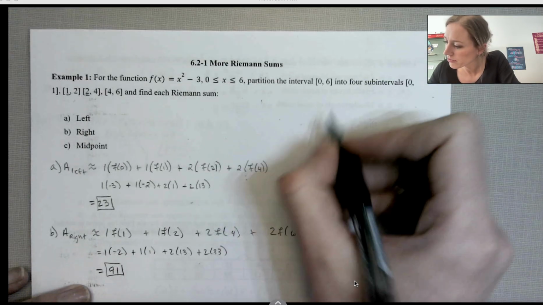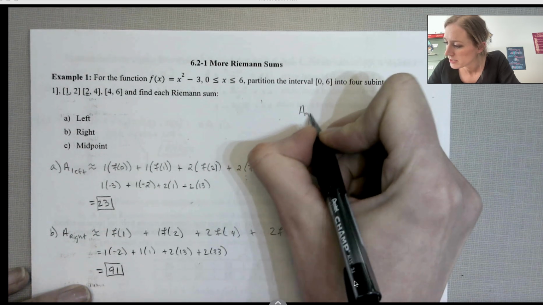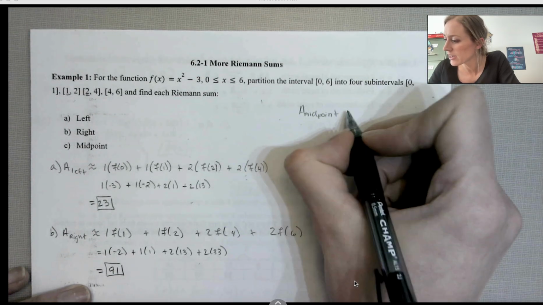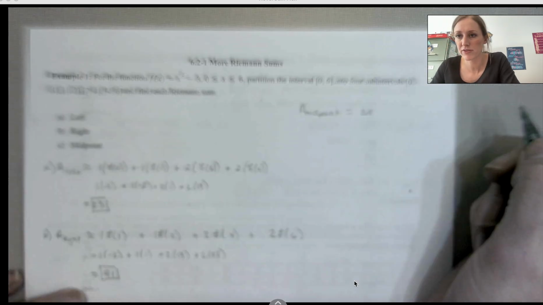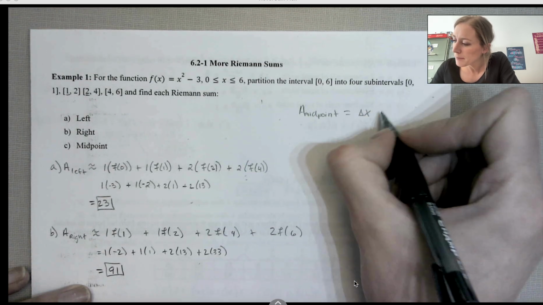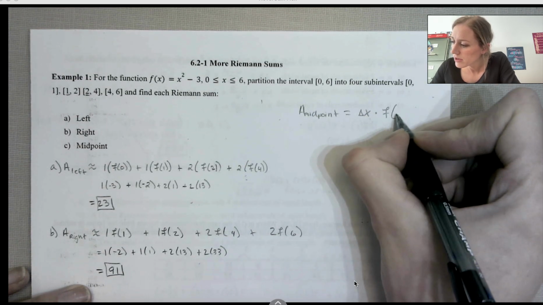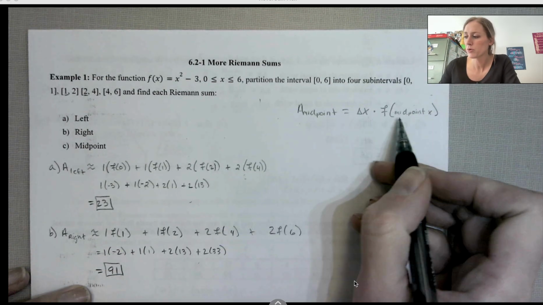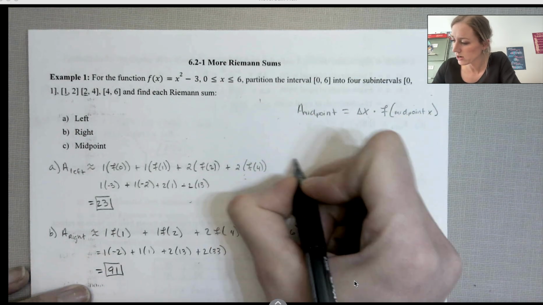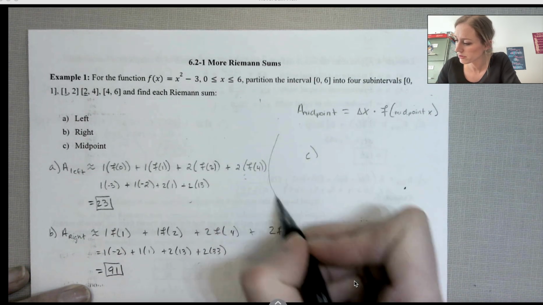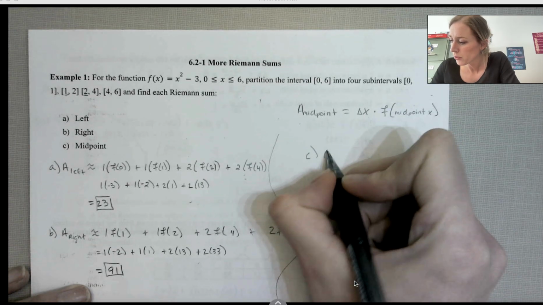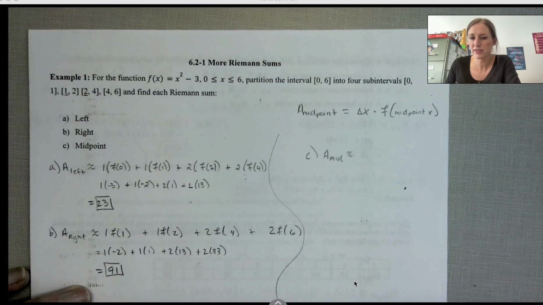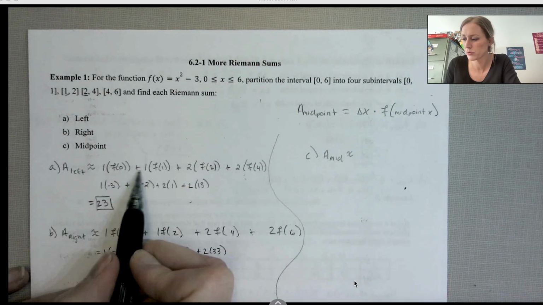So our area of the midpoint is, we still take our delta x as the base of our rectangle, and then we multiply by f of the midpoint x. Let's look at our example. Our delta x is still the same as before, so 1, 1, 2, 2.